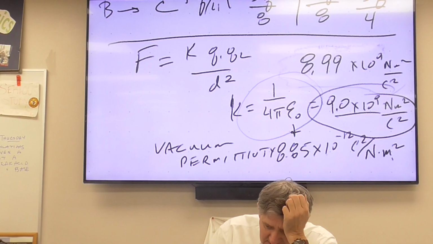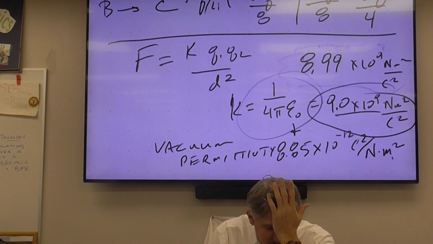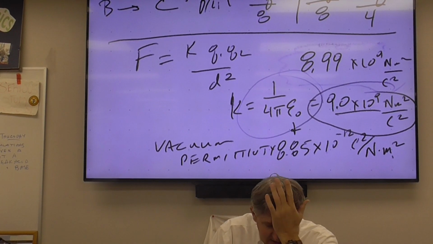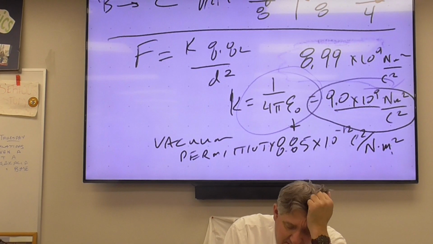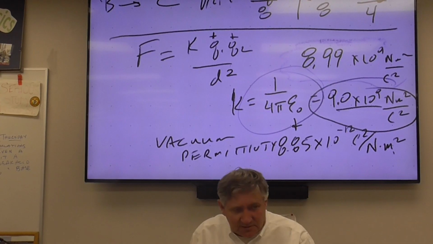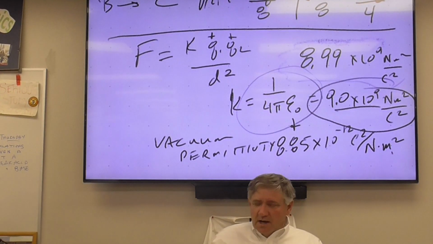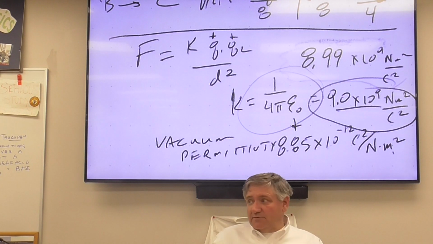So, here's the deal. The odd thing about this, as Andrew alluded to, is that it's kind of weird compared to gravity, because you could have two positive values. If you have two positive charges, what's going to be the sign of the force?